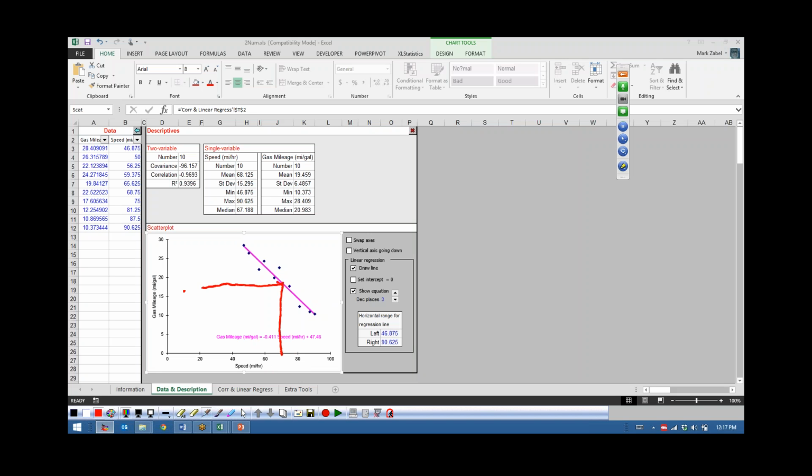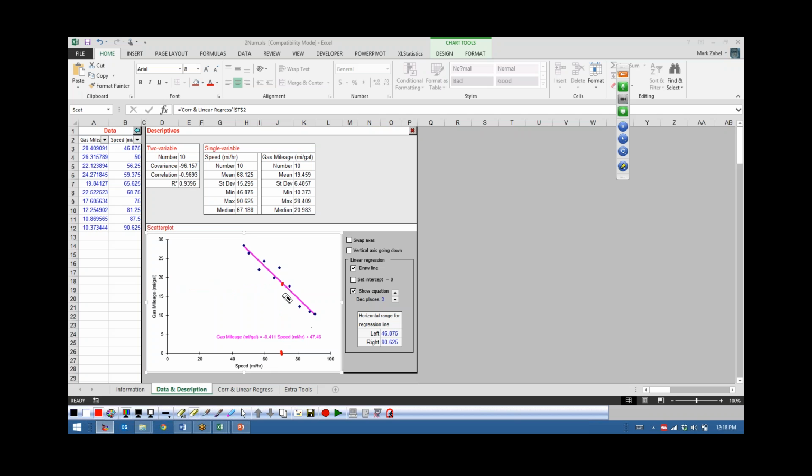I'm trying to draw a straight line and say, looks like I'd get about 18 miles per gallon if I drove that speed. Now that may or may not be a good thing to do. Before we go ahead and make predictions, we're going to spend a little bit of time analyzing to see if it makes sense to do so.